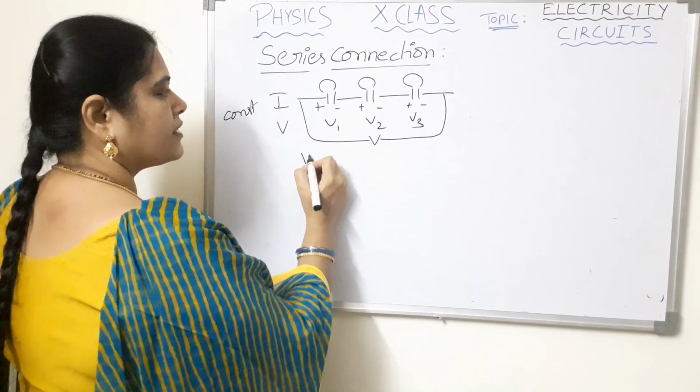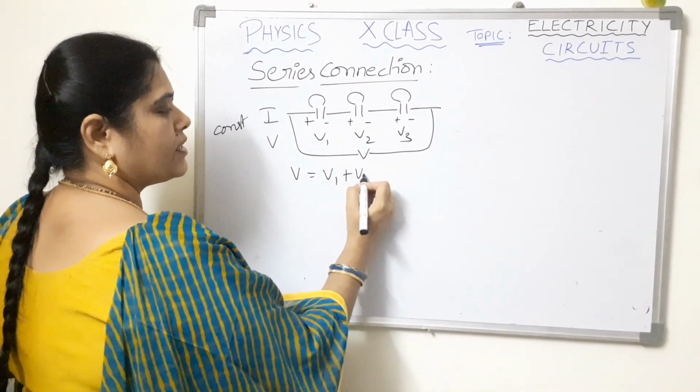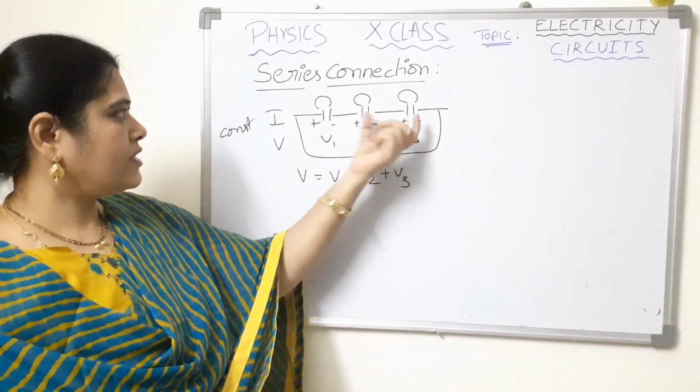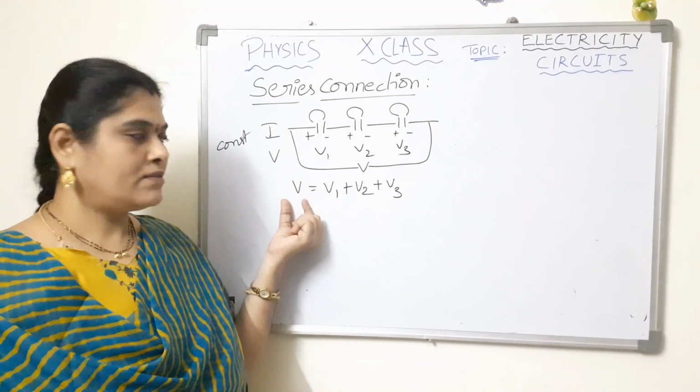We will observe that V is equal to V1 plus V2 plus V3. The sum of all the potential differences across these bulbs is equal to the V.